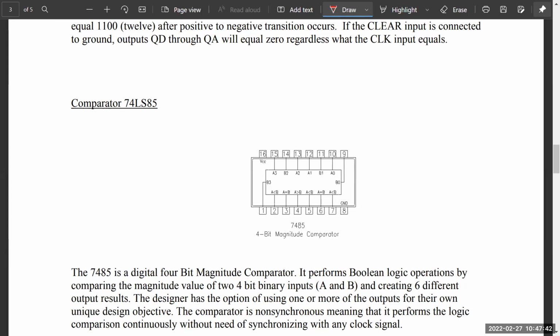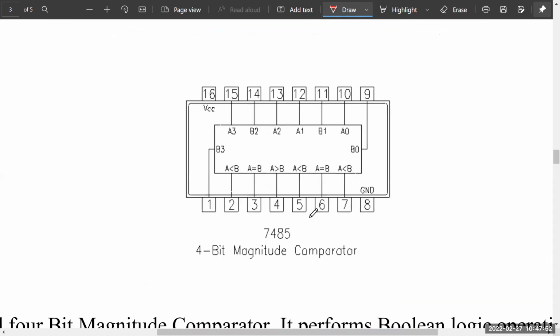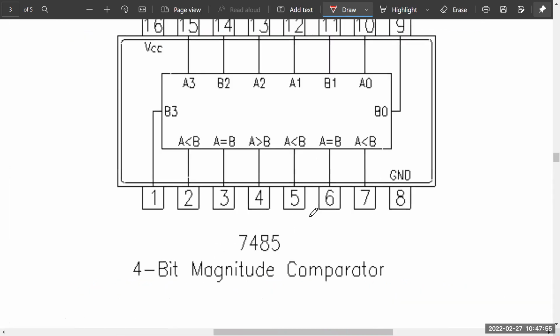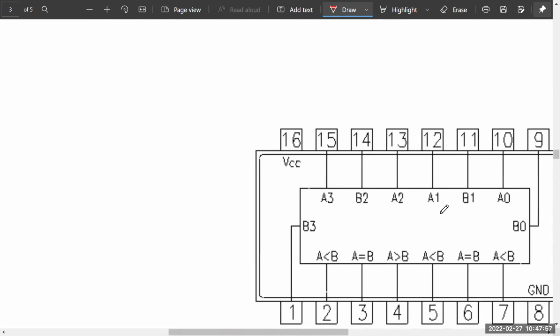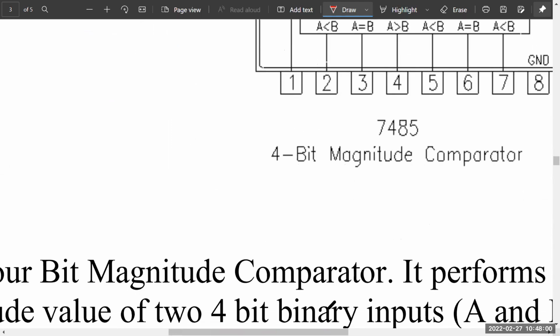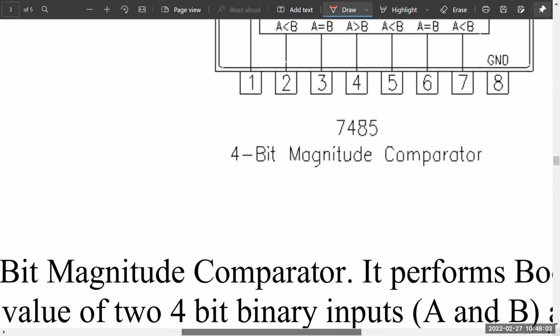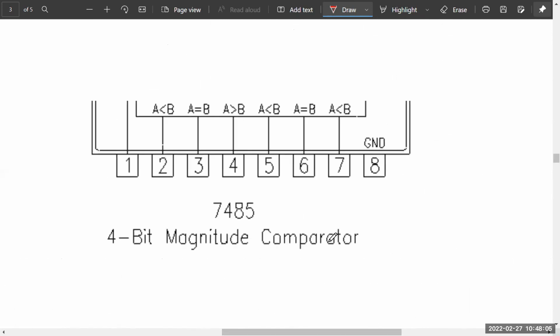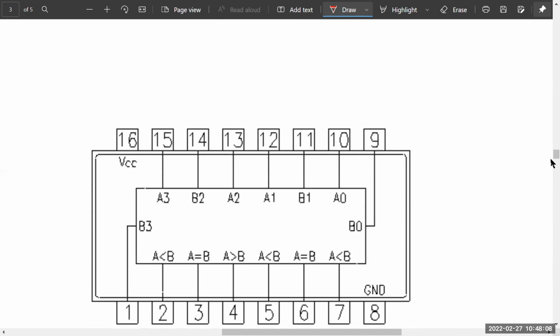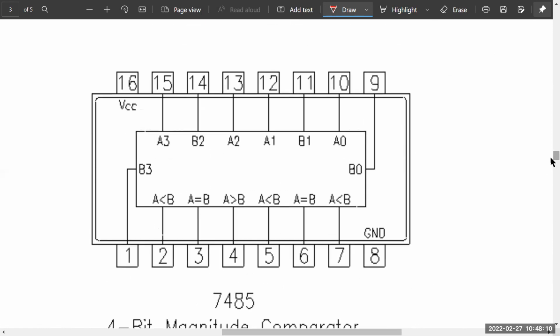Let's take a look at the pin configuration. It's a 16-pin IC. So let's zoom into this right now. Two of the pins, of course, are for the power supply: pin number 16 and 8 are where plus VCC and ground are connected.